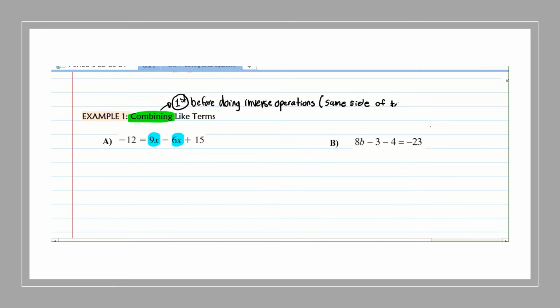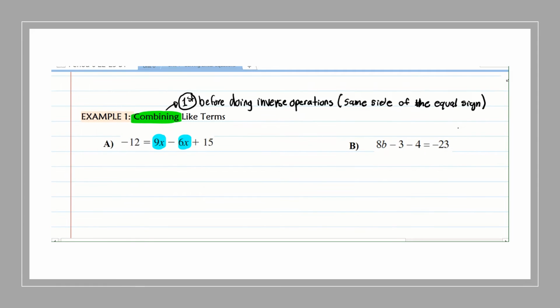Sometimes it helps if you draw a line through the equal sign that separates the right side and the left side of the equal sign. I'm going to combine those like terms that are both on the right side of the equal sign right now, which is the 9x and the 6x. It says 9x minus 6x, that will give you 3x. We're going to bring down the 15 and rewrite the rest of our equation.